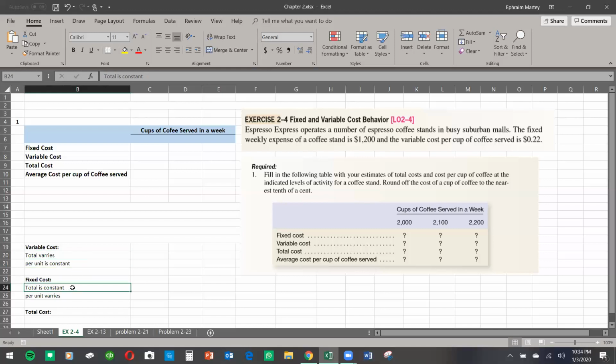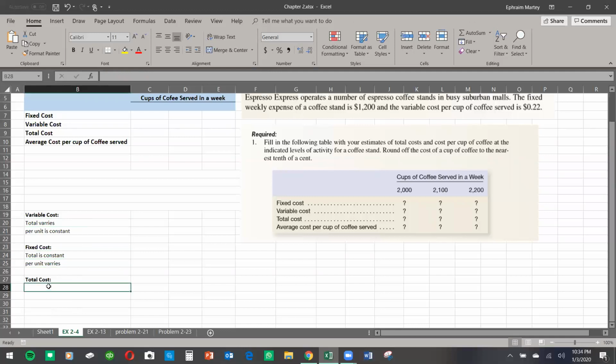Fixed cost, the total is constant, does not change, but per unit changes. The total cost is the sum of fixed and variable cost.